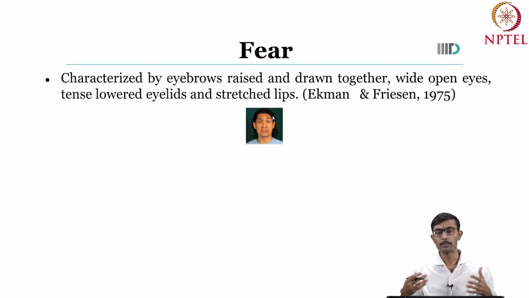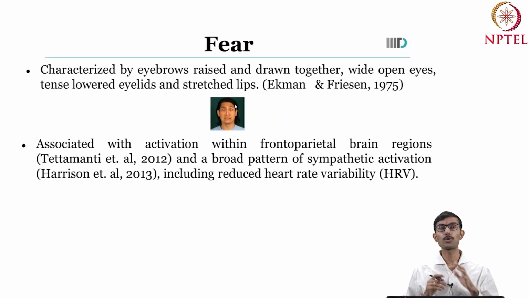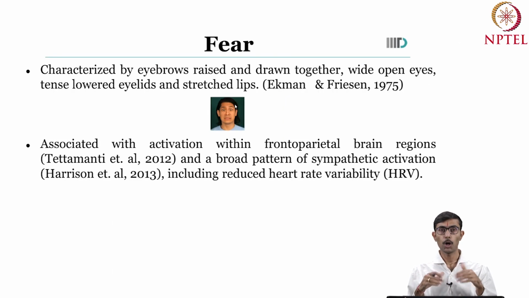For example, Paul Ekman and his team worked a lot on identifying these different sets of facial action units which characterize different sets of emotions. But these emotions are not only experienced or expressed in one particular modality, that is the facial expression modality, but also in different modalities.